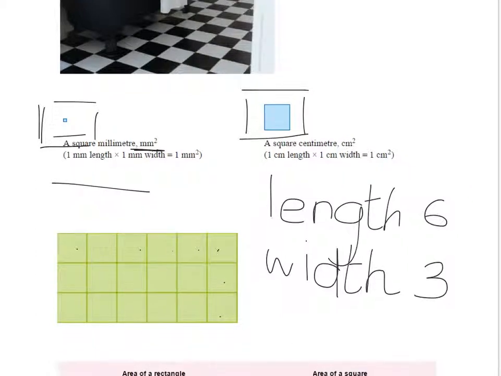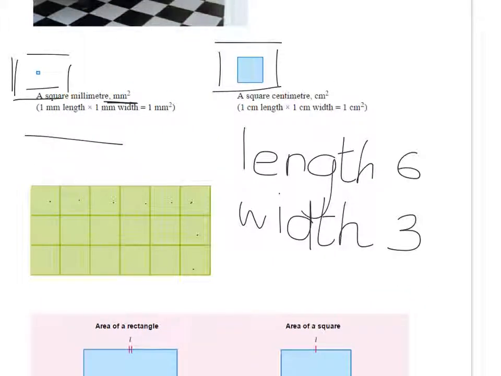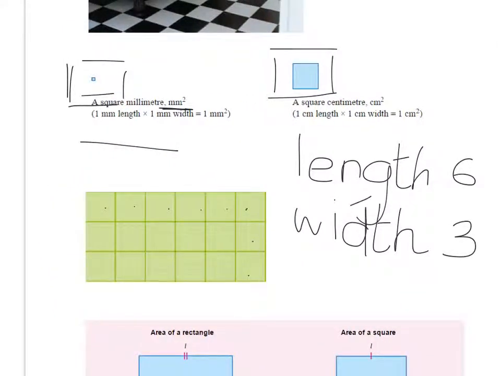So it's got a width of 1, 2, 3. Okay, and in order to work out what the area is, you're going to multiply your length times your width. So you're going to say 6 times 3 will give you 18, and you can say, if that was centimeters, you would say 18 centimeters squared. So you're multiplying your length times your width, and that's basically what you have to remember for this.